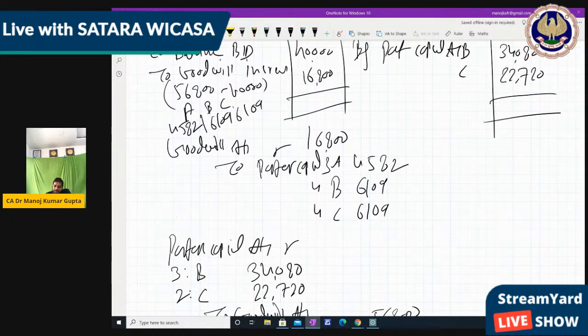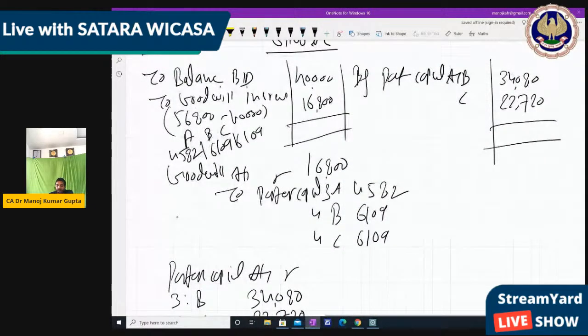So in short, the goodwill account we prepared just to show the goodwill account. So 40,000 already balanced there. If the 40,000 balance is not there, then we need not prepare a goodwill account. But by making the goodwill account, it tallies now, there is no balance in the goodwill account, right?